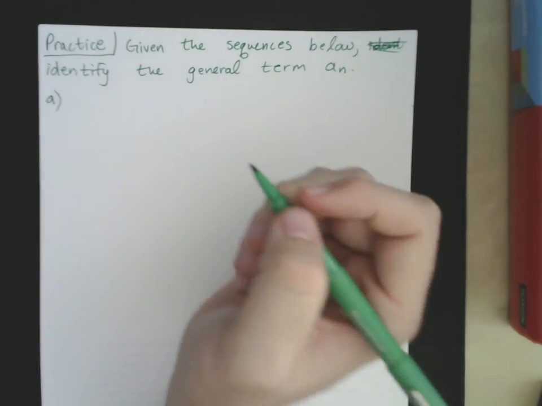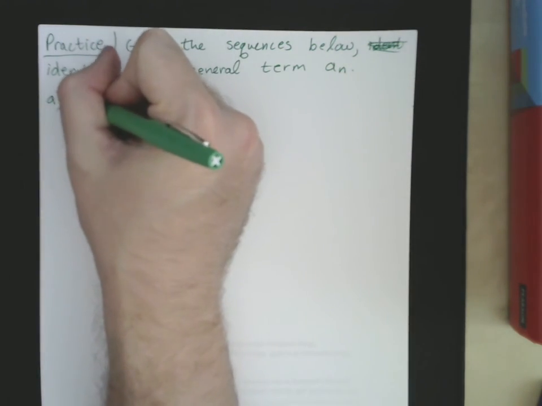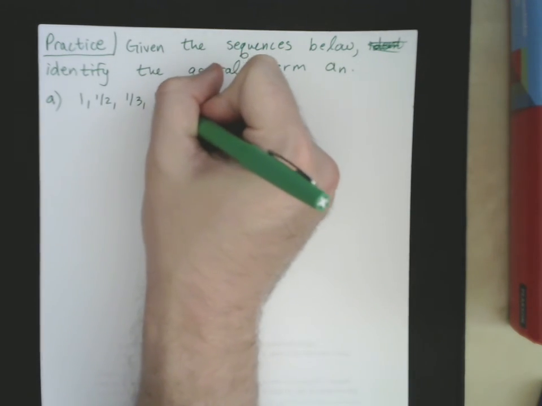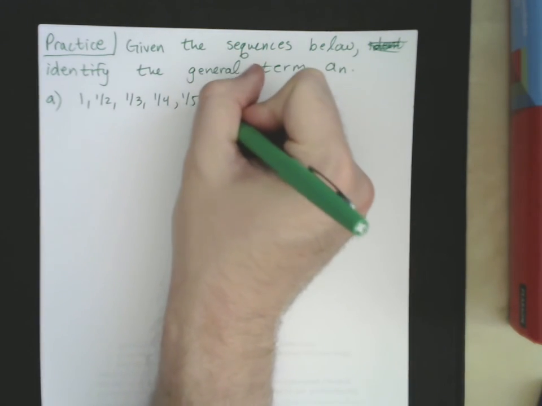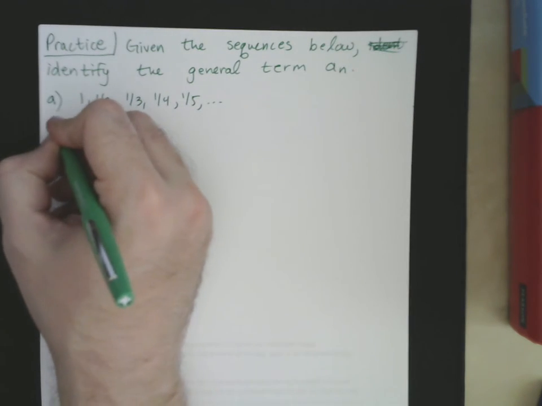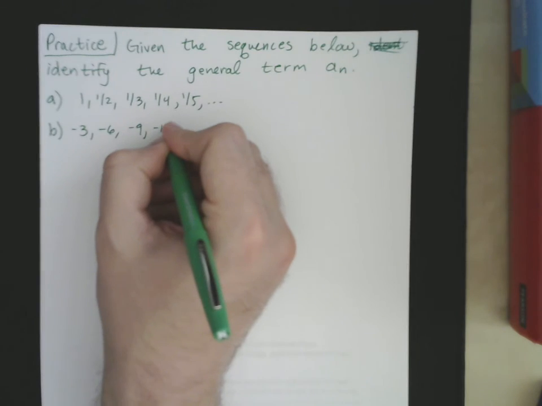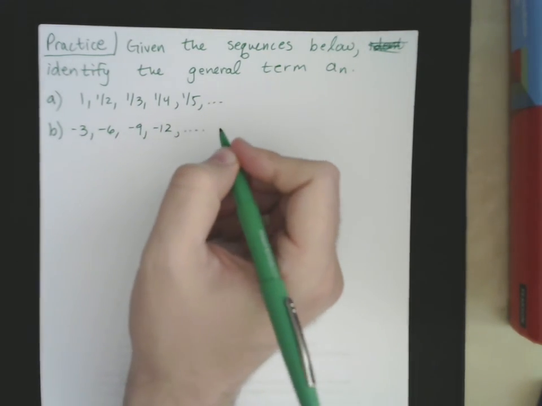I have 4 sequences: 1, 1/2, 1/3, 1/4, 1/5, etc. Then -3, -6, -9, -12, etc.